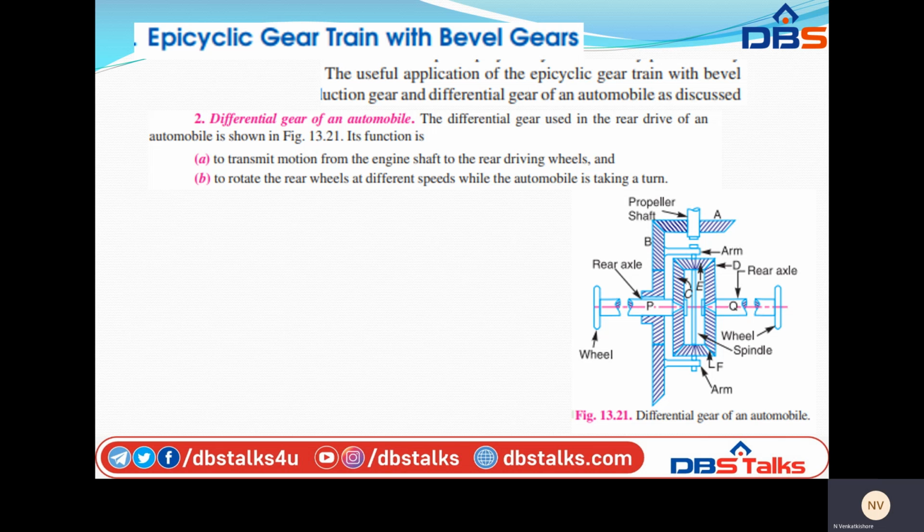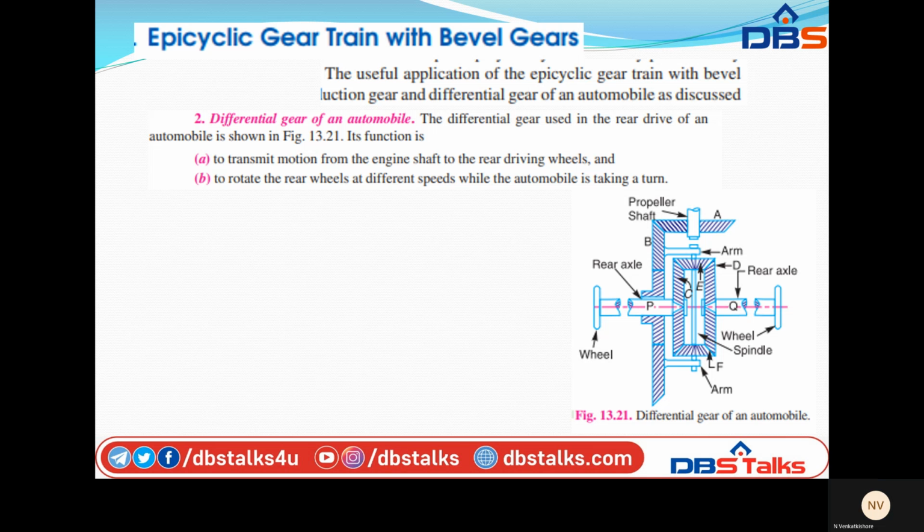The two gears C and D are mounted on the separate parts P and Q of the rear axle. These gears in turn mesh with the equal pinions E and F, which can rotate freely on the spindle provided on the arm attached to the gear B.